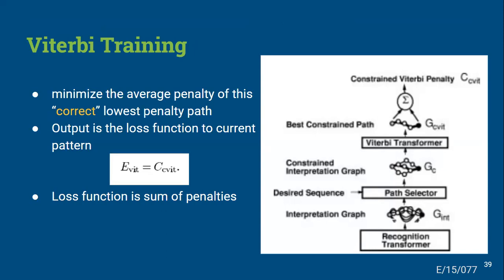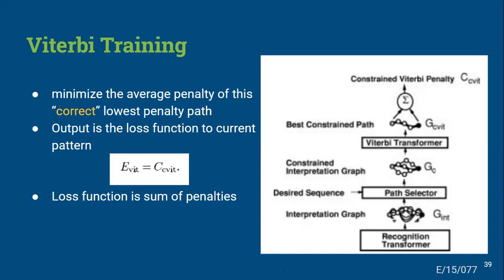During recognition, we select the path in the interpretation graph that has the lowest penalty with the Viterbi algorithm, and the gradient of this loss function can be computed by backpropagation through the GTN architecture. This training architecture is almost identical to the previously taught recognition architecture, but the only difference is an extra graph transformer called the path selector.